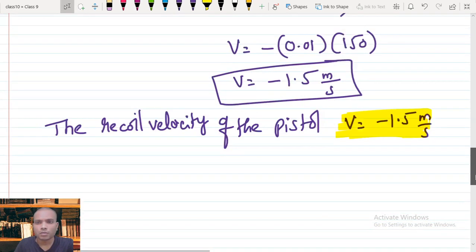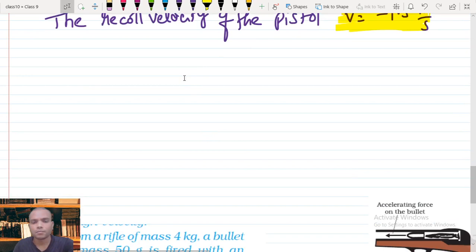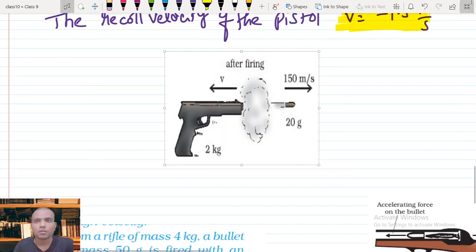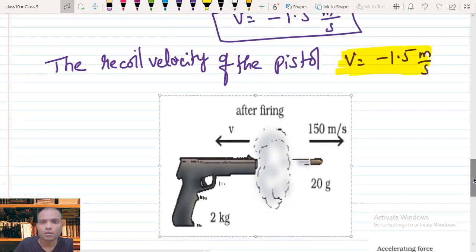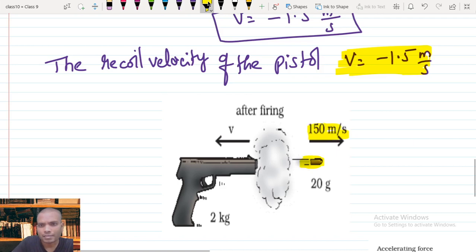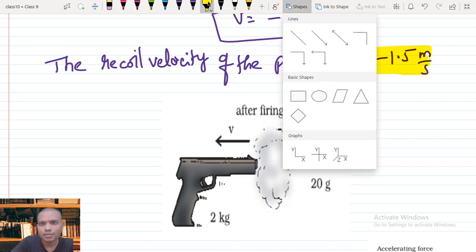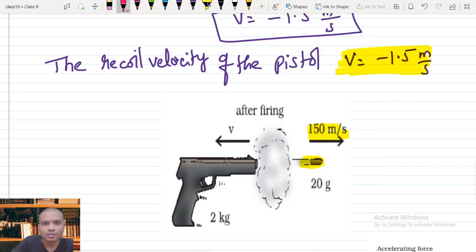If you observe the figure carefully, in this figure the bullet is moving in the forward direction. This is the velocity of the bullet, moving in the forward direction. For your understanding, if I consider this as the x-axis, this is the positive x-axis and this becomes the negative x-axis.